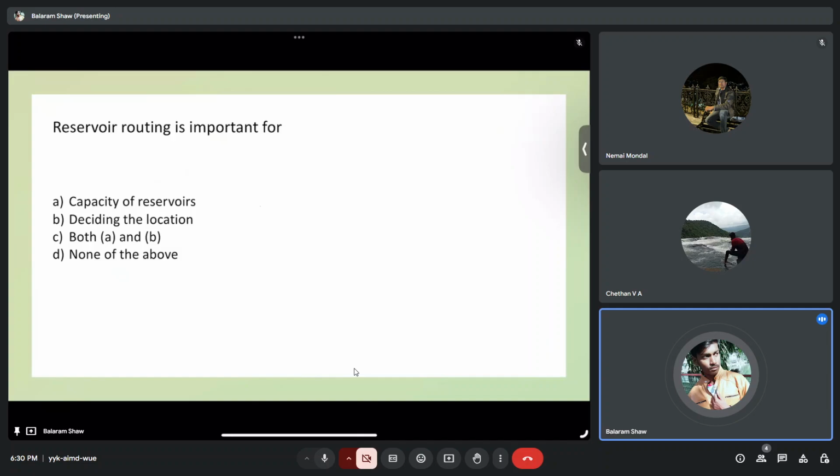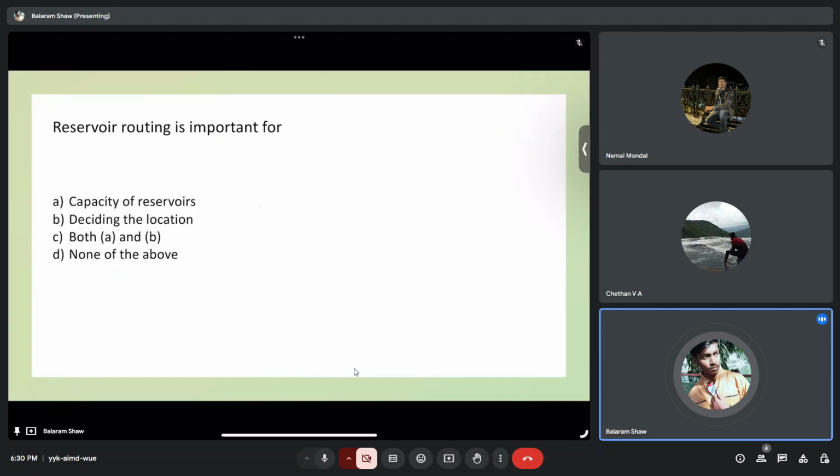We have seen that we do reservoir routing to know the location where we need to construct the reservoir, and not only that, but to understand the capacity of the reservoir, not only the shape or the size, how much the capacity of the reservoir will be, and so on. So the correct answer will be both A and B. Right? Any question here? If not, we'll move to the next question.